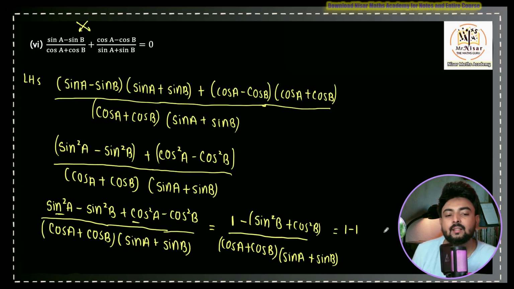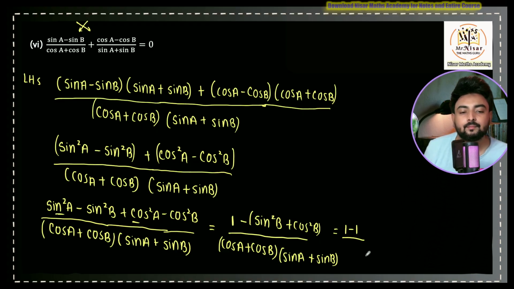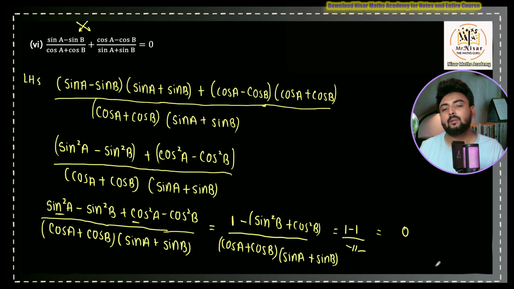And 0 by anything, the answer will be 0 only. I'll write it all together. It will be 1 minus 1, and the denominator you can copy as it is. So it will be 0 by anything, and 0 by anything, it will be 0. I hope the concept is quite clear to you. Let's go ahead for the next question.